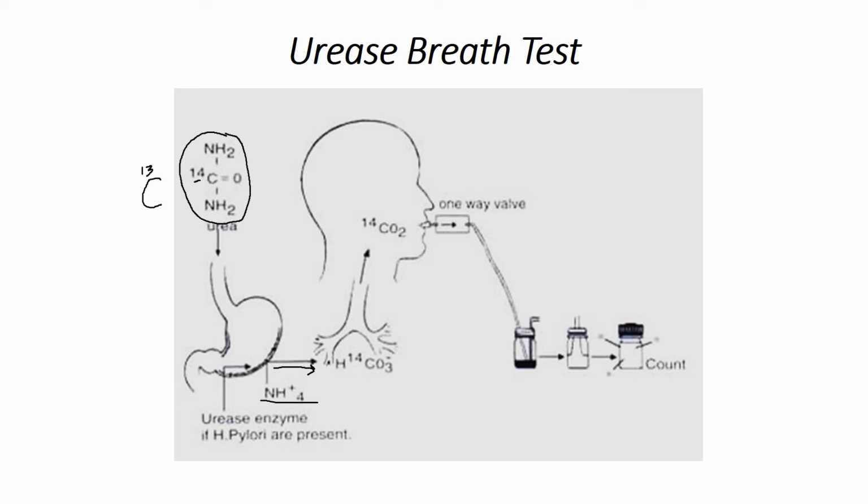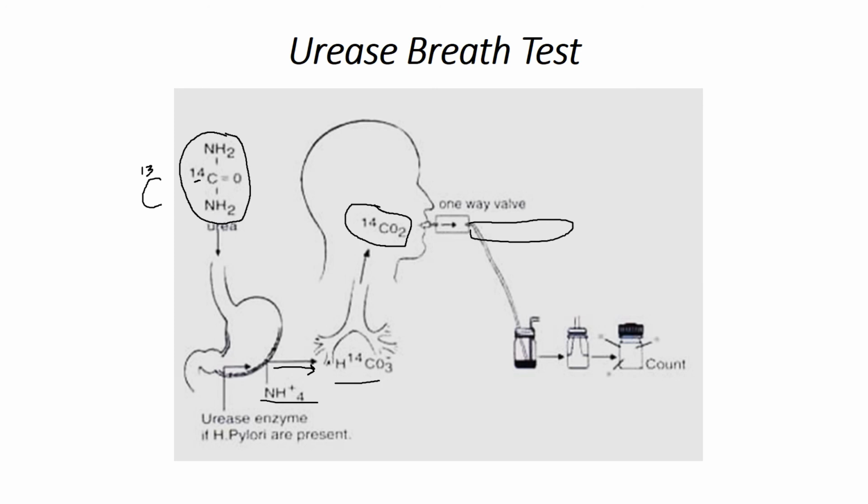So the bicarb enters the circulation and then gets to the lung, and then of course it's converted by carbonic anhydrase back to CO2, and it appears in the breath. So this particular reaction only takes about 10-15 minutes in a laboratory setting, and a patient will take the urea, go through this process, and then about 10 minutes later or so will breathe into a bag. Usually this is not a flask, but it's a bag that they breathe into with a one-way valve.